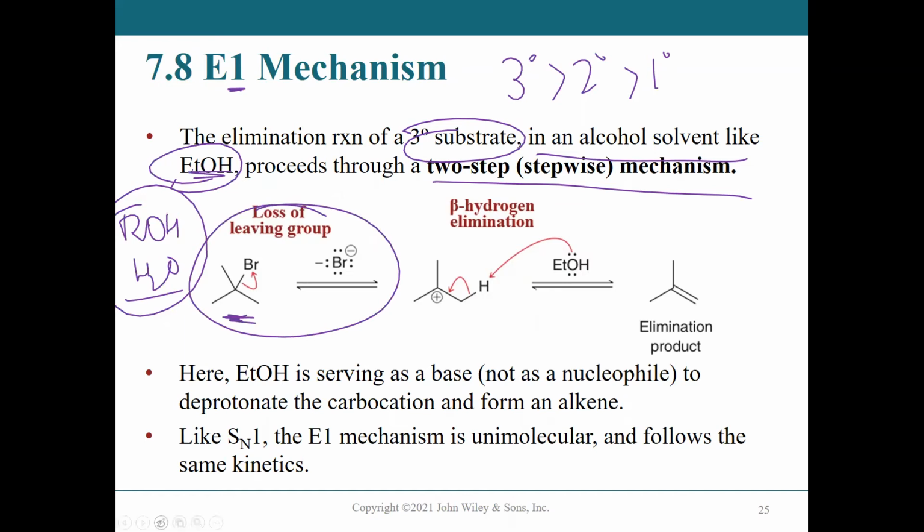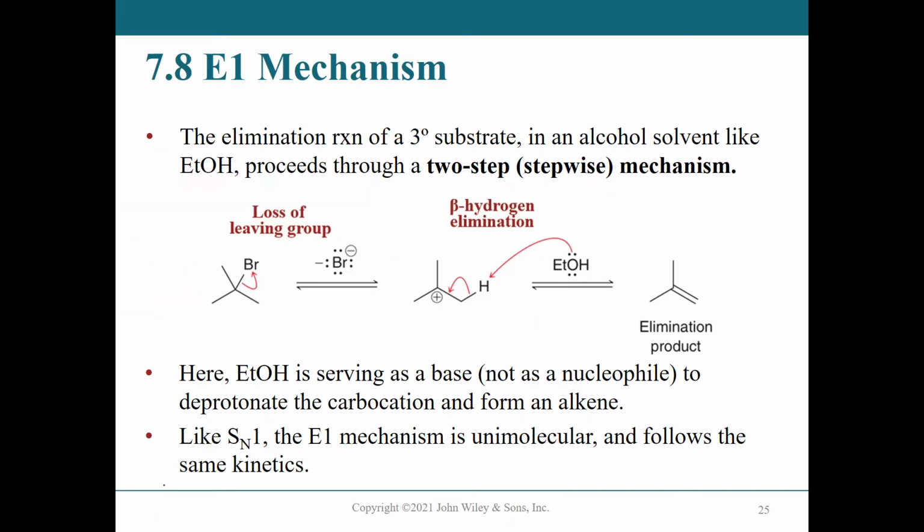Once the substrate has dissociated, remember, anytime you form a carbocation, there is a potential CCR. In this case, there is no CCR, but anytime you form a carbocation, don't forget to always look for CCR. Then the base attacks the beta hydrogen, the proton transfer, and that bond comes down to form an alkene here, and that's the elimination product.